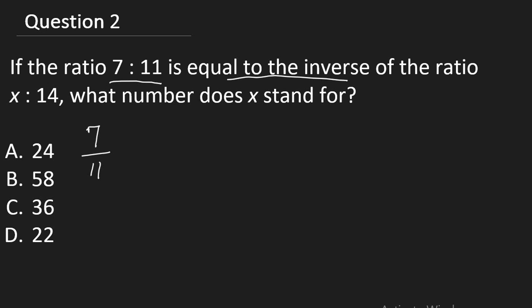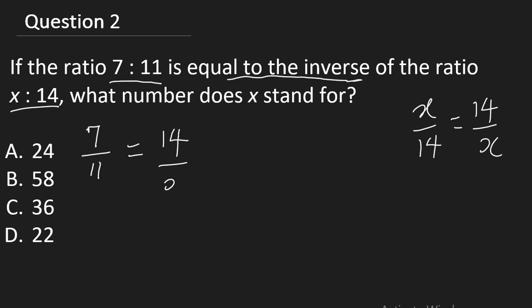Now this is equal, according to the question, to the inverse of the ratio x/14. They said the inverse. That means 14 will go up, x will come down. So 7 out of 11 is equal to 14 over x. What number does x stand for?